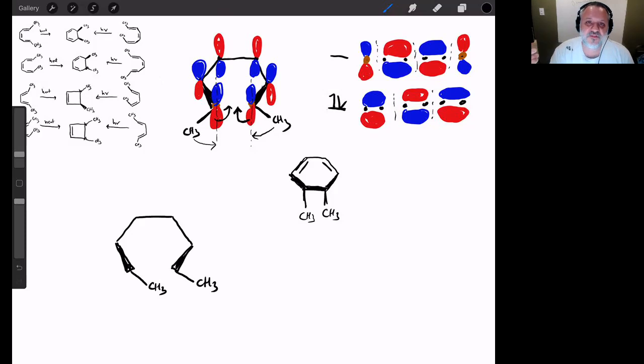But in this case, what we're saying is the groups line up in the same direction. The result is that the groups end up in the same position.